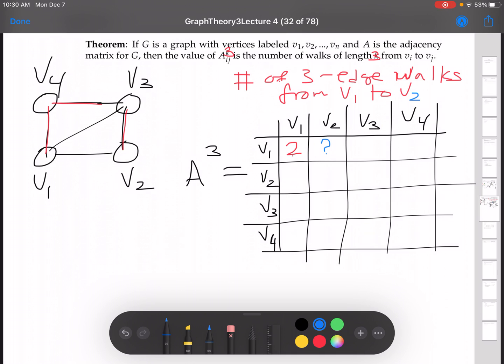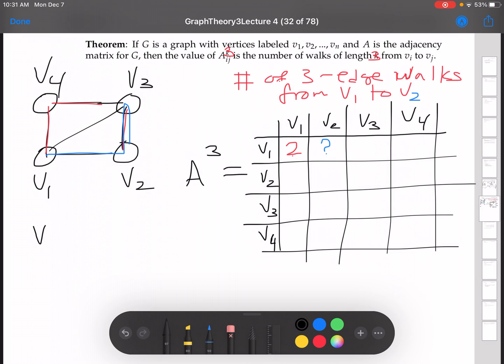If you went out to V4, you could only go to V3, and that's what we had there. Maybe if you went over to V2 first, then up to V3, and then back down. Okay, that would work. So there's another one. Let me list the ones I have so far. These are 3-edge walks from V1 to V2.